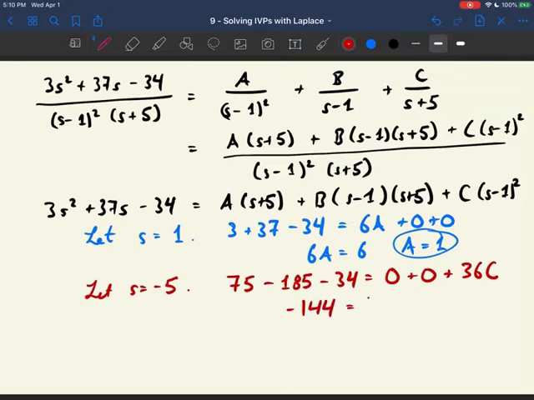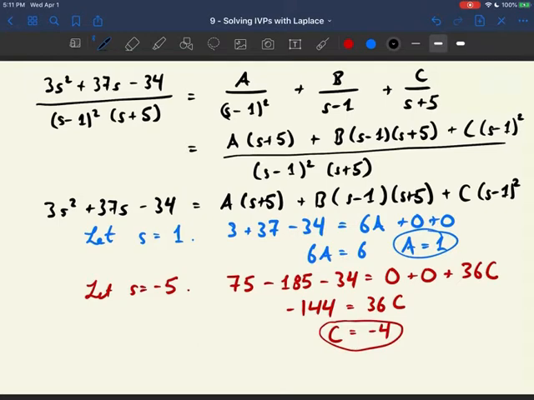Now if we work out what we have on the left-hand side here, that comes out to be minus 144 equals 36c. And so we get c is equal to -4. Is that right? Hope it's right. Let's think about that. C equals -4. Yeah, looks good.